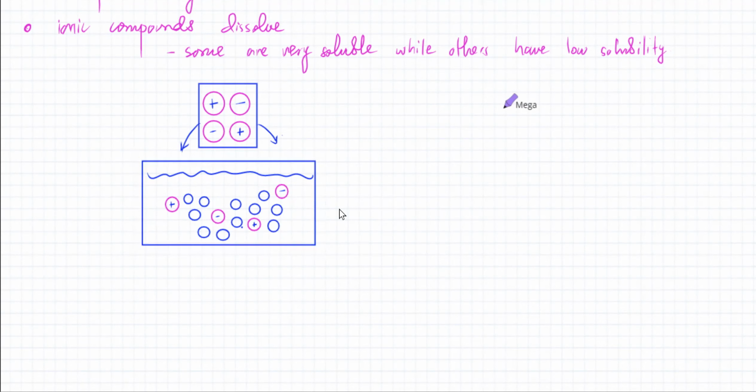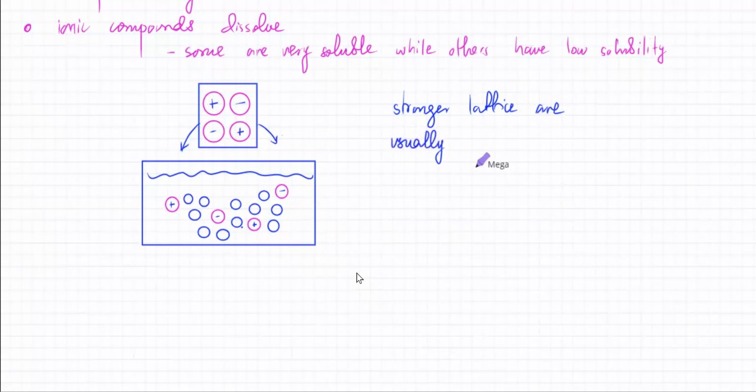You stir it in water, no matter how long you stir it, there's going to be very little dissociation. The lattice will not break. So it all depends on the strength. Stronger lattices are usually less soluble. Why? Because they're not going to dissociate.